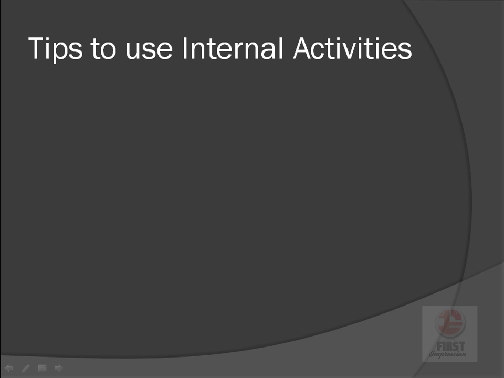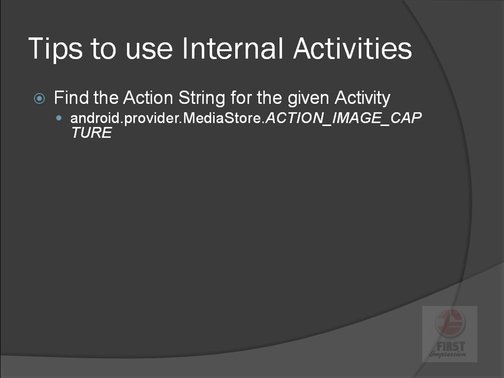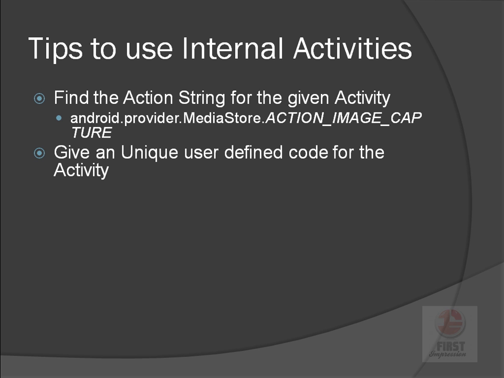Now let's have some tips that you should note to use internal activities. First of all, you have to find the action string for the given activity. In our case, the action string was android.provider.MediaStore.ACTION_IMAGE_CAPTURE. How to get this action string? You have to go to developer.android.com and get the action string from there. Give a unique user-defined code for that activity.